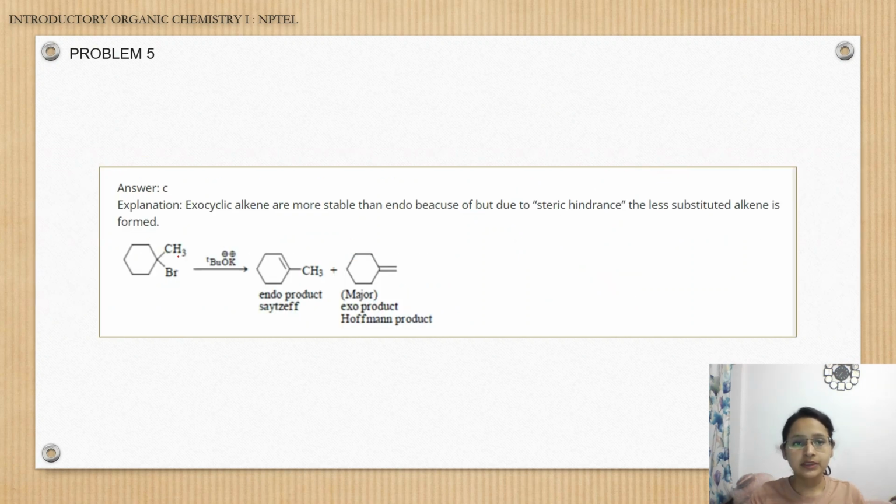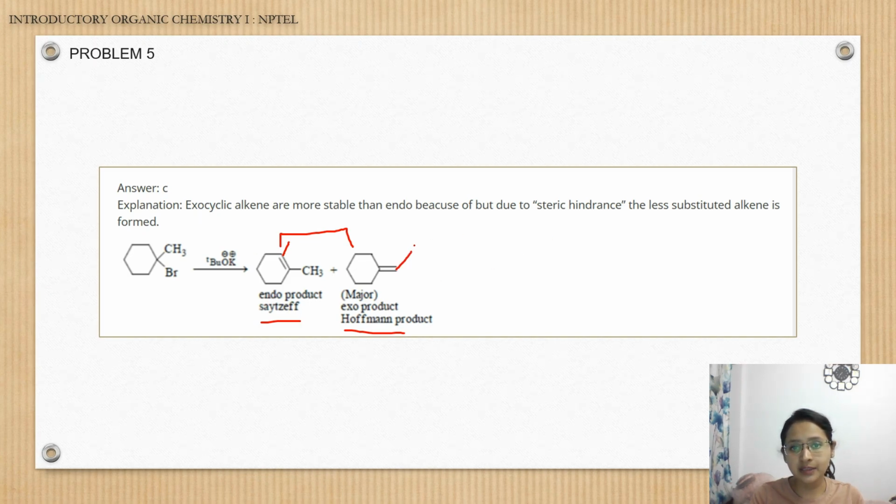Here two products are possible: exo due to Hoffman, endo due to Zaitsev. Now you have to tell me which will be the major product. See, the endocyclic alkene is less favored because of steric hindrance. Exocyclic alkenes are more stable because steric hindrance is not there.